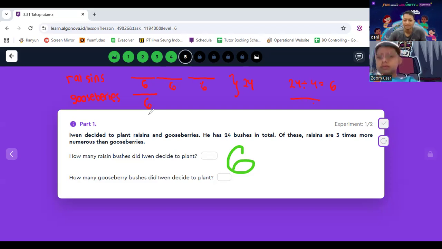Based on the segments, based on the diagram.